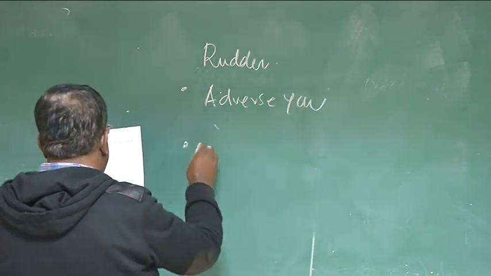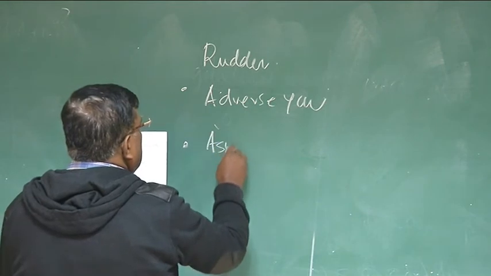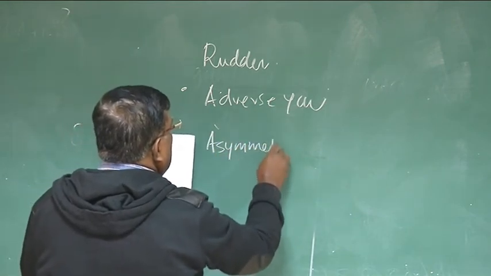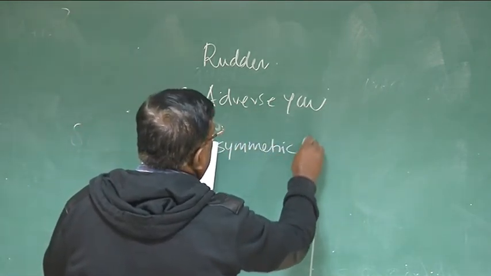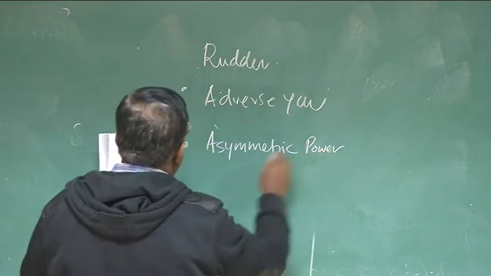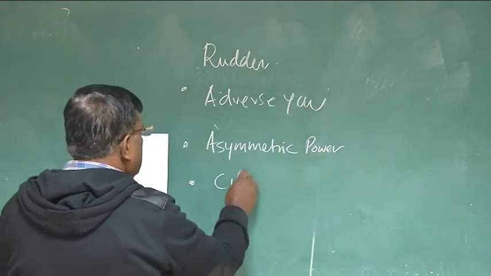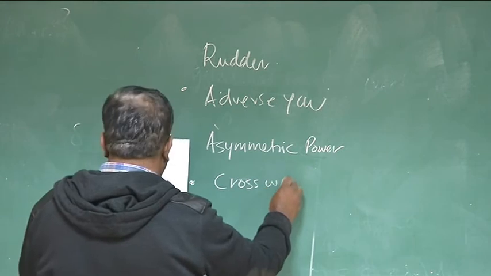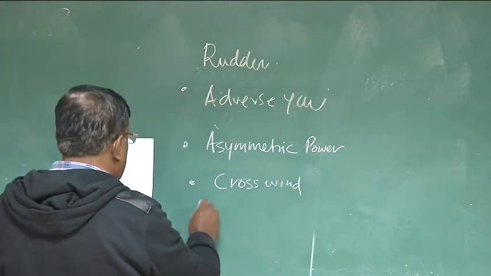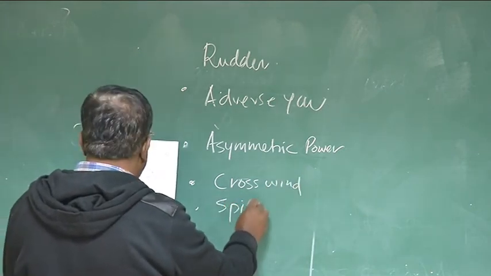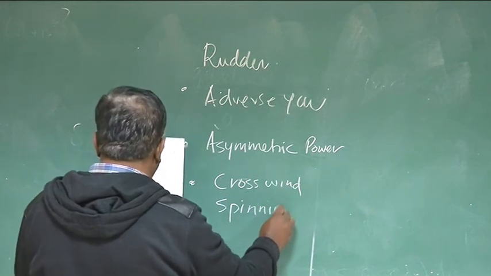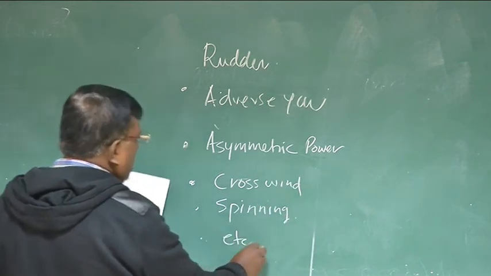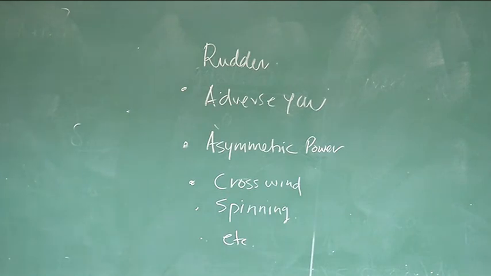Then it should be able to handle asymmetric power. I will explain what it is. And third is crosswind. Then fourth, spinning. The menu will come. What is adverse yaw?